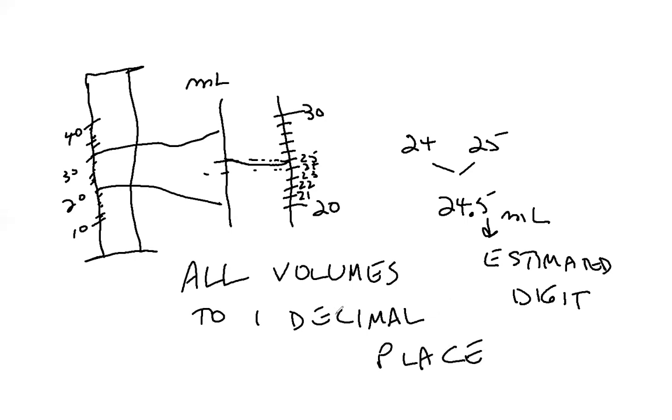Okay, so for all 3 of these, the process was the same. You see where the numbers change. The next place after that is where your calibration marks change, and you can fill them in. And then the place after that is your estimated digit. So if we had something that we thought came right at the 30, we would report that volume as 30.0 milliliters.